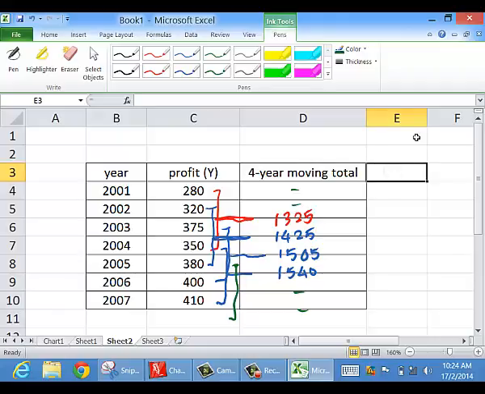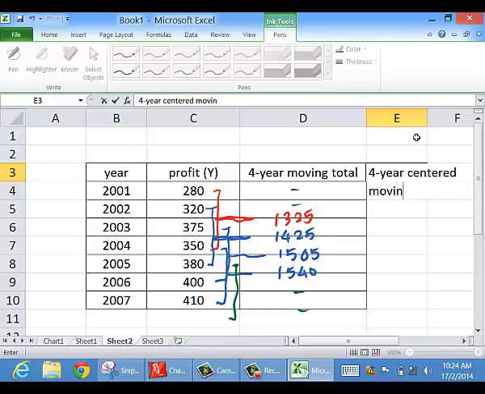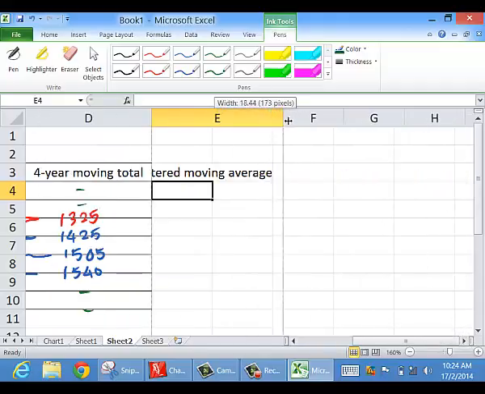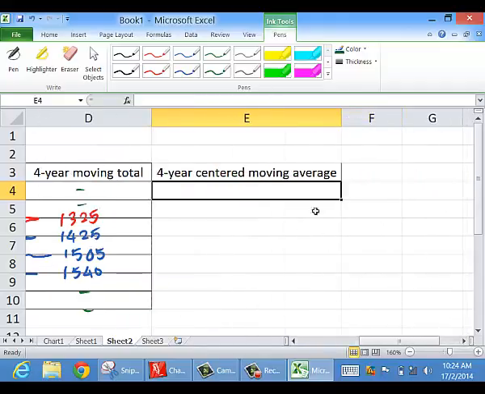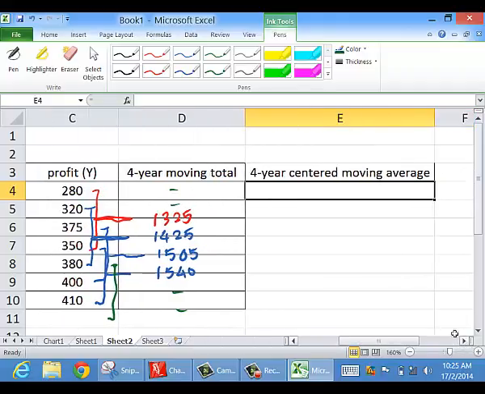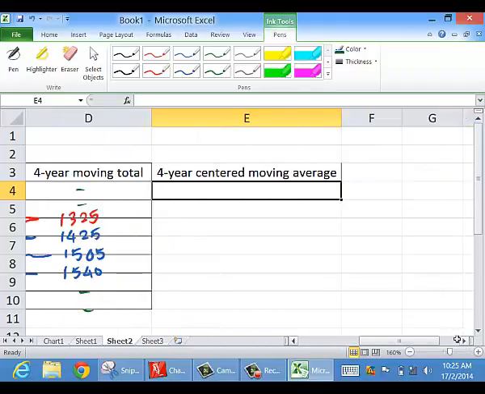So you need to create another column, 4-year centered moving average. 4-year centered moving average. Boleh ke? Since you punya data tadi atas line, right? So you nak masukkan dia dalam kotak. So you buat centered.